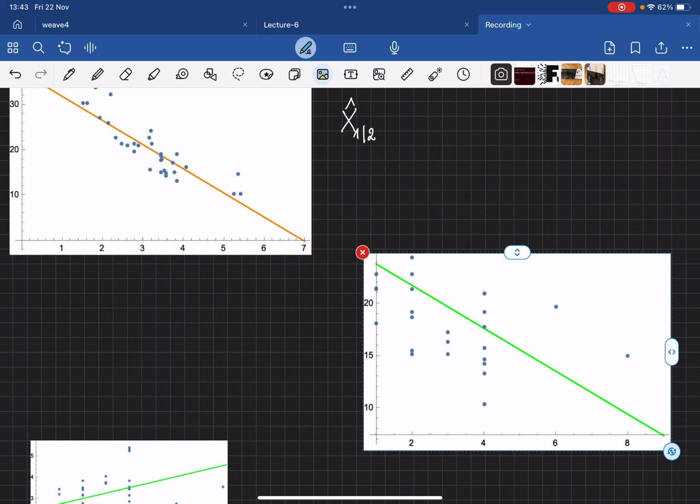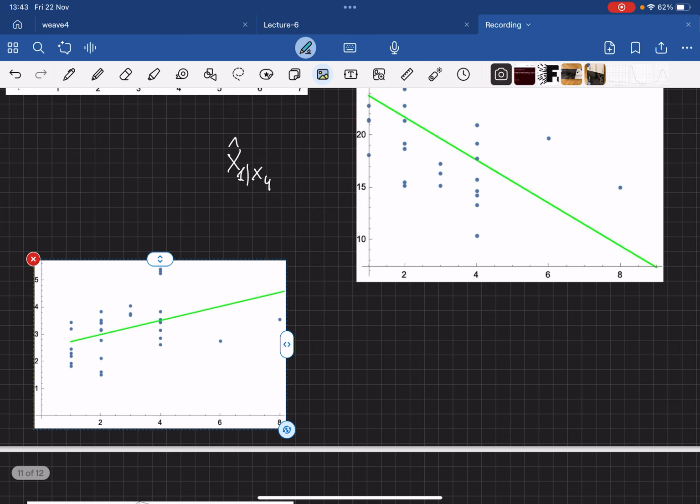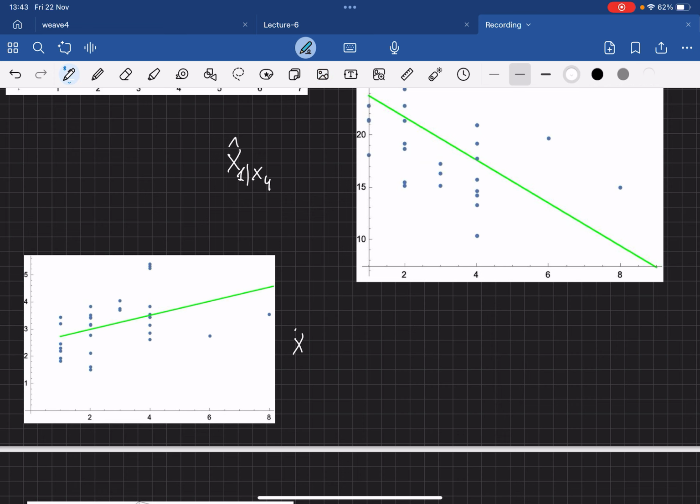Maybe we can make it a little bit bigger. This is x1 with dependence on x4, the number of carburetors, and there is the relation between x2 and x4, number of carburetors with respect to weight. And you see that the dependence here is much smaller than previously.